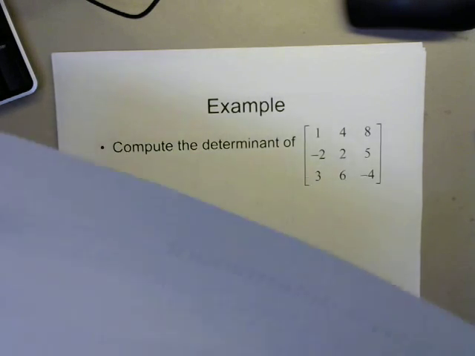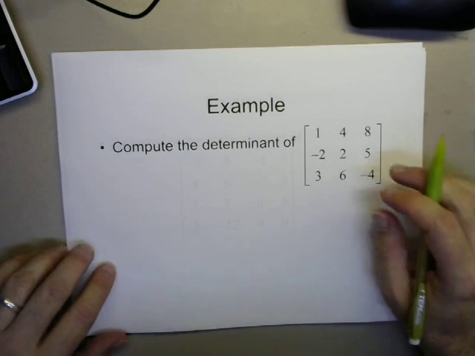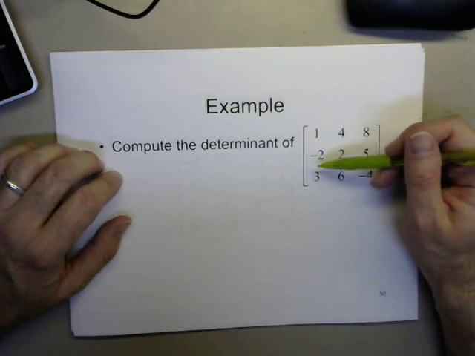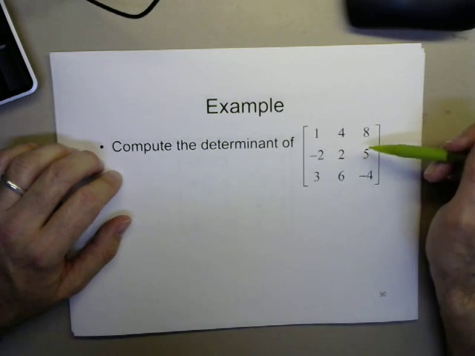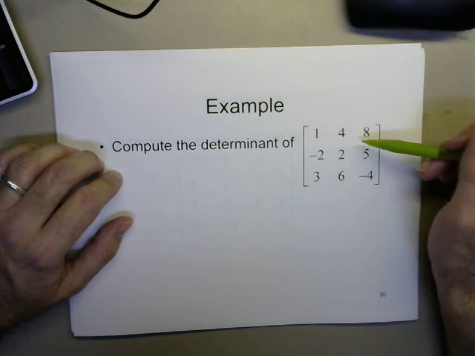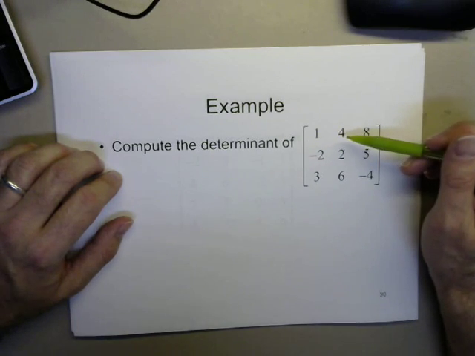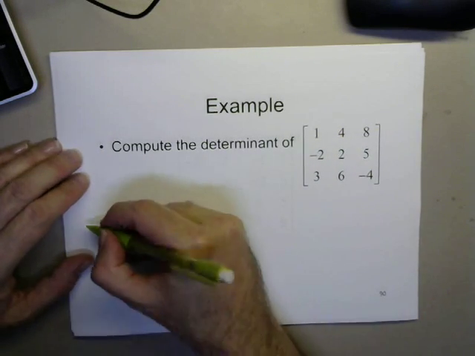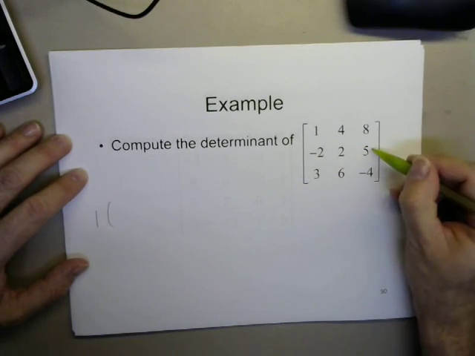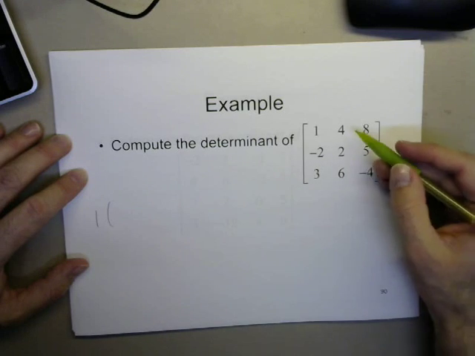Let's maybe just do another example here just to clarify this. Again, there isn't any particular row or column that you need to expand along, or that might be more advantageous, because there isn't really a row or column of all zeros or with lots of zeros. So let's just expand along the first row. I basically just take 1 times 2 times -4, just to speed this up. I won't write out the whole thing here.